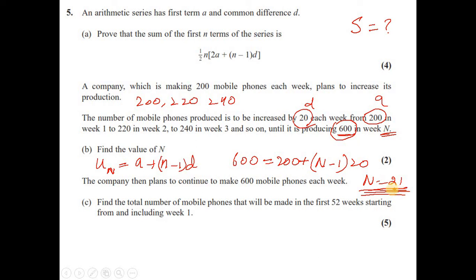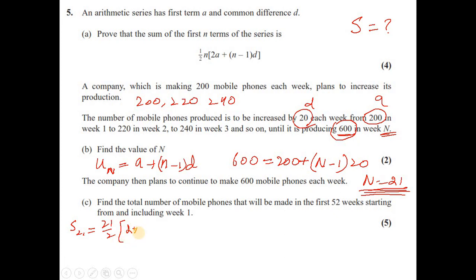So first we need to find how many mobile phones will be made in 21 weeks. So first we need to figure out S21. S21 would be equal to 21 divided by 2 times 2a plus n minus 1 d.